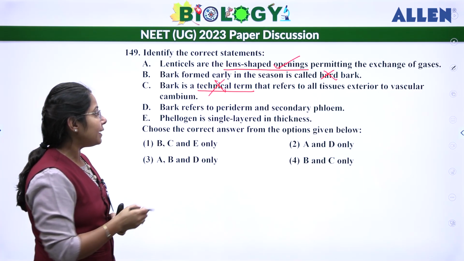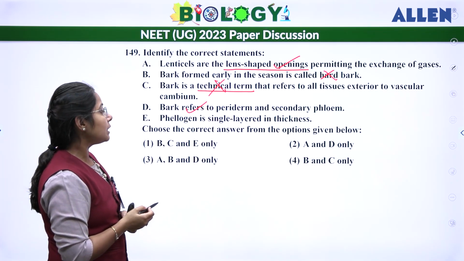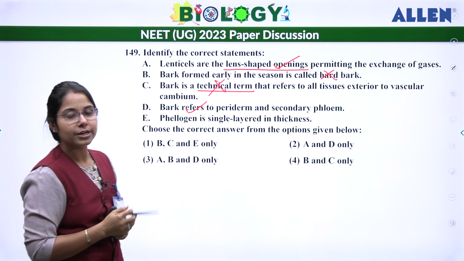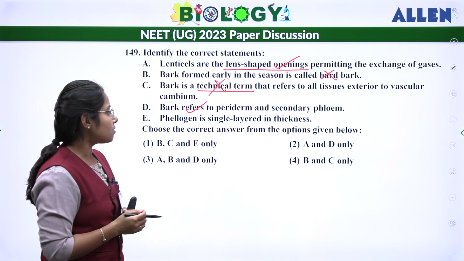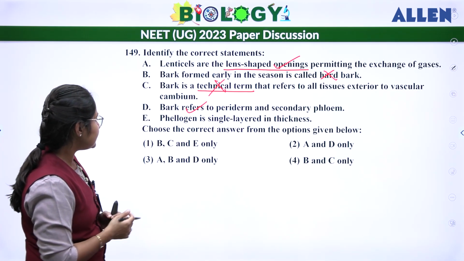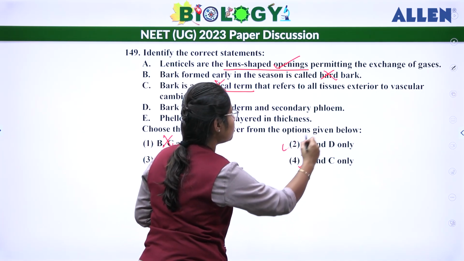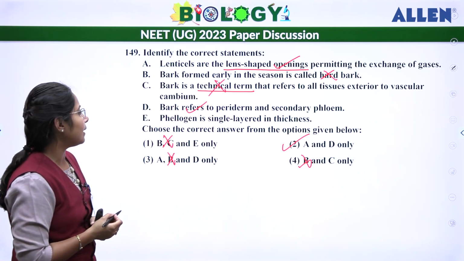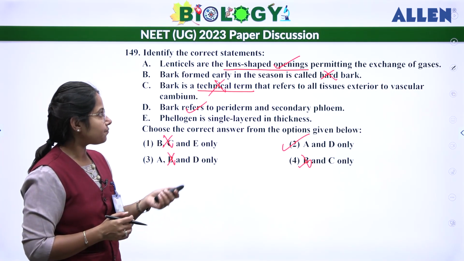Bark refers to periderm and secondary phloem, which is true. Phellogen is single layered in thickness. Okay, it could be single layered or it could also be multi-layered. So from the options given below, B and C are incorrect. So the option will be the second, A and D. A and D are the correct statements.